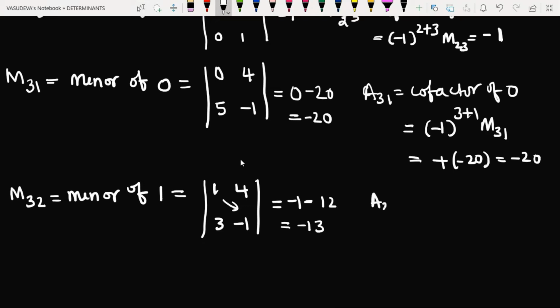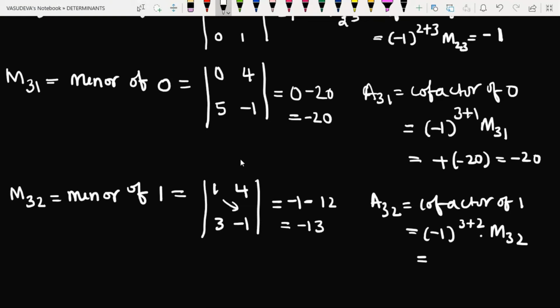A32 is the cofactor of 1, the element in the third row and the second column. Minus 1 to the power of 3 plus 2 into M32. 3 plus 2 is an odd number, therefore it is minus. M32 is minus 13, so minus of minus 13 is plus 13.